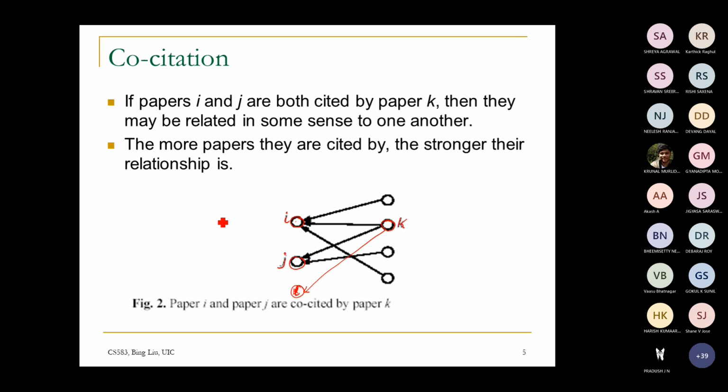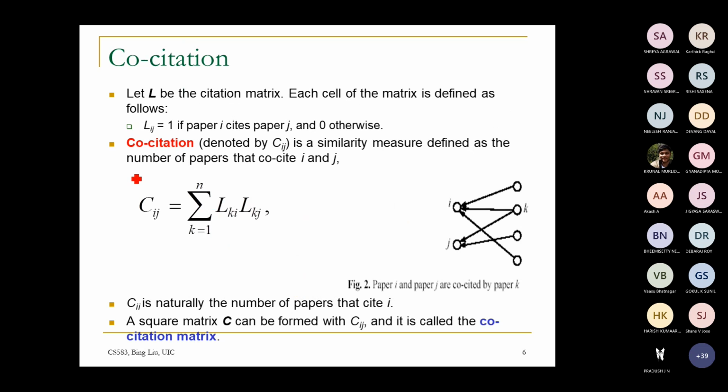So how do we mathematically model this scenario? The mathematical model is to find the co-citation score, assuming that paper I and paper J are co-cited by paper K. We have seen IJ, and we have seen JK.